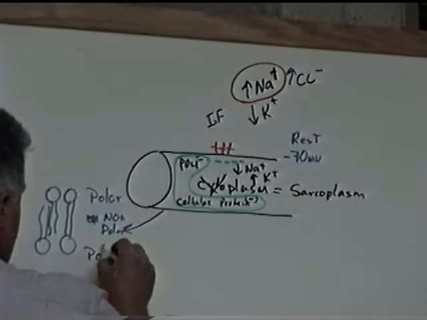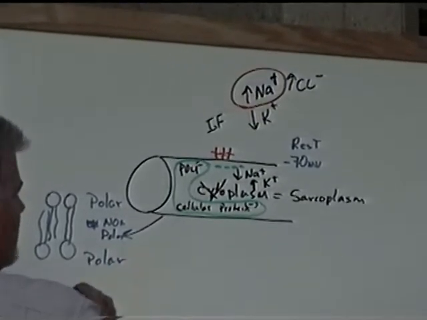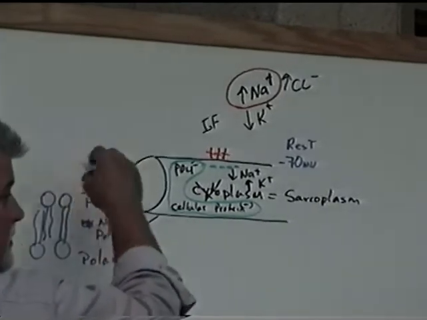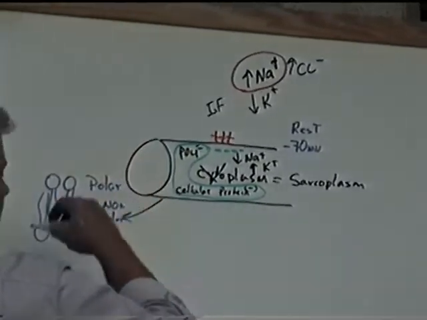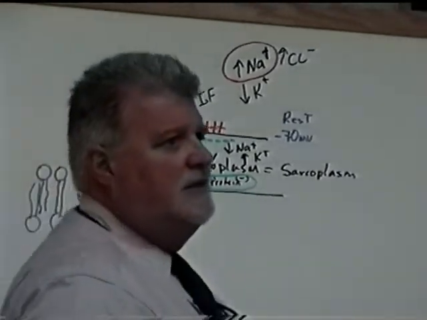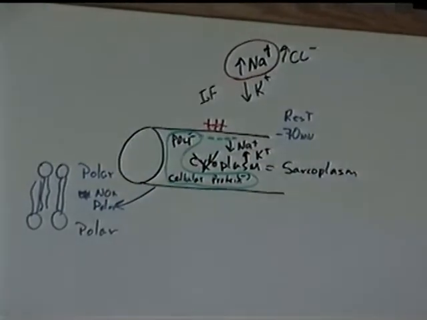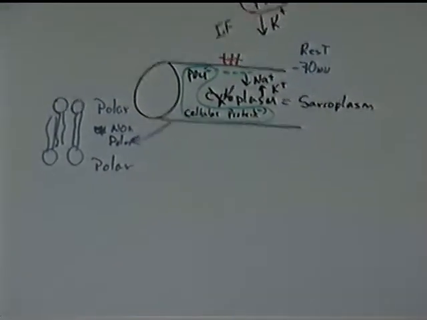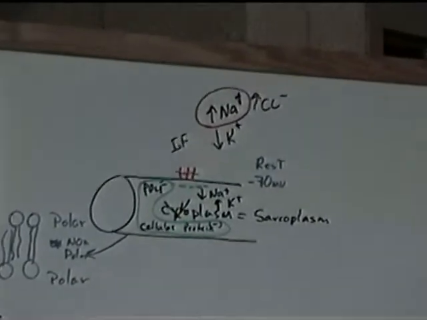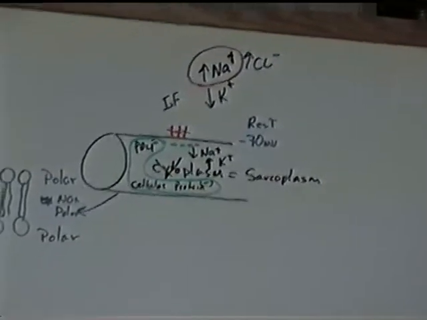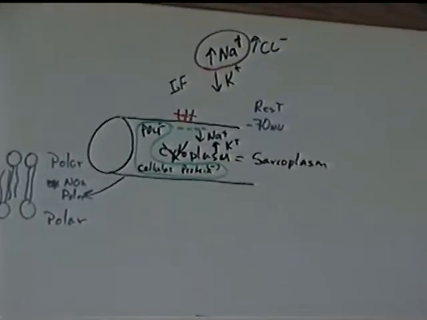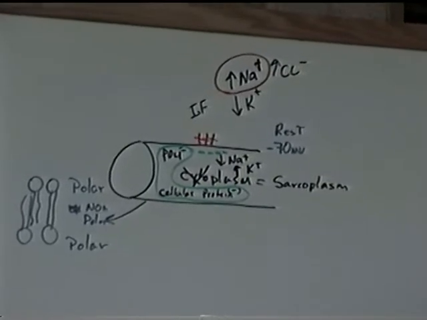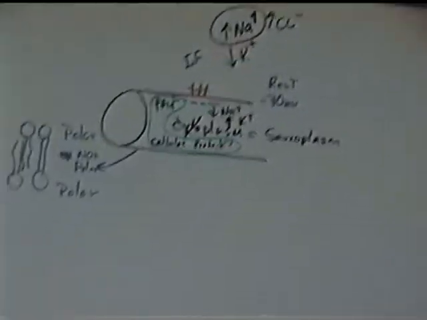So we have polar toward the sarcoplasm, polar toward the IF, and nonpolar in between. Since we have that nonpolar layer, that's why our membrane becomes selectively permeable. So what can move through a membrane is based upon the size of the molecule and the charge of the molecule. Okay?